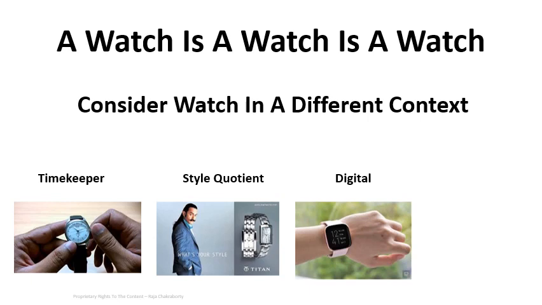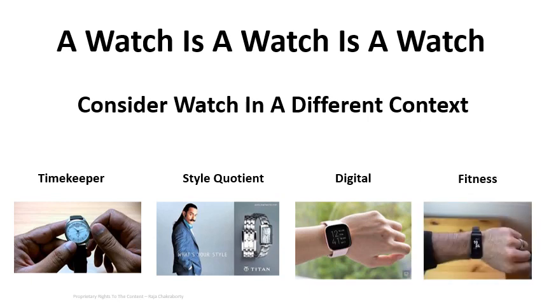Recently, we are seeing that when you change the same context to digital or fitness, new brands have come up who have imagined watch in a very different manner. So today, a watch is not just a timekeeper, but it also tells how many calories you're burning. Fitbit, right, and many other brands have seen watch in a very different context.